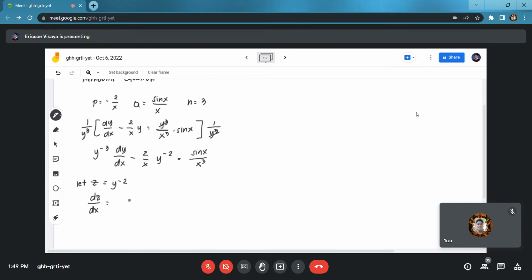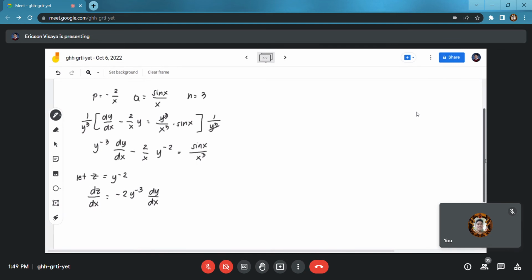That would be negative 2y raised to negative 3 dy over dx. So, yung derivative natin ito yung dz over dx natin with respect to x natin. So, bali, pagkatapos natin ito, magkakaroon na tayo agad ng substitution.